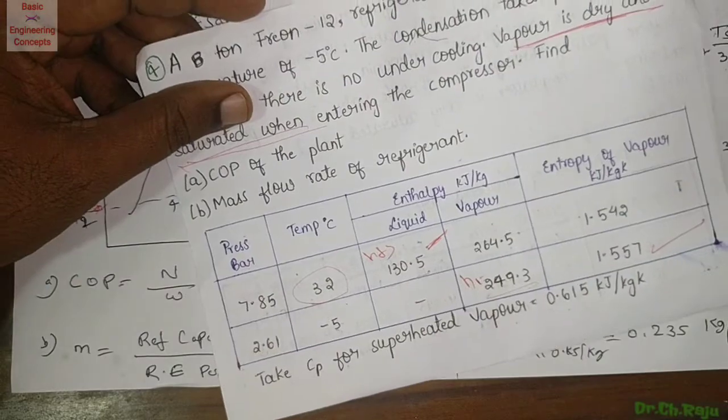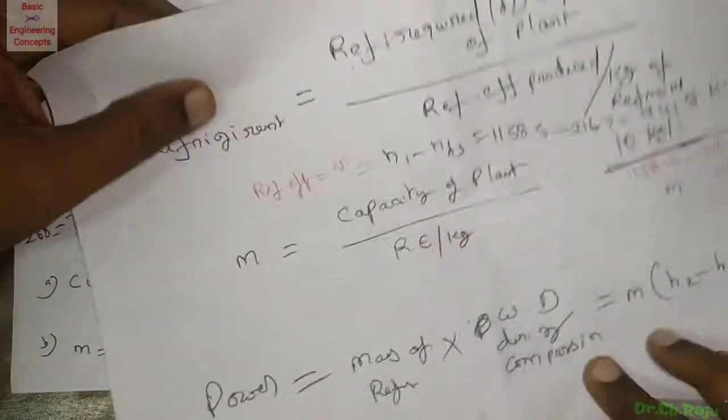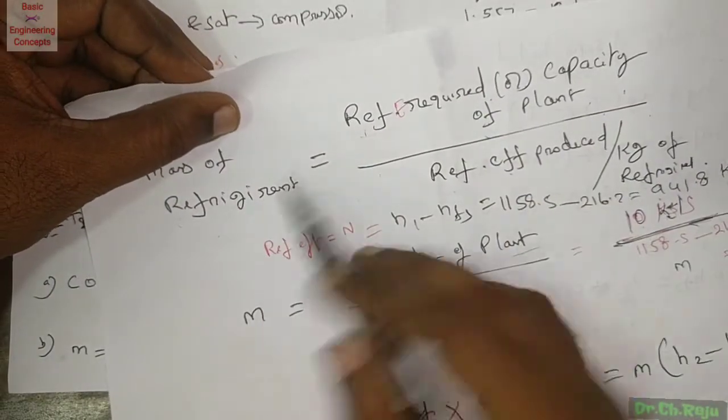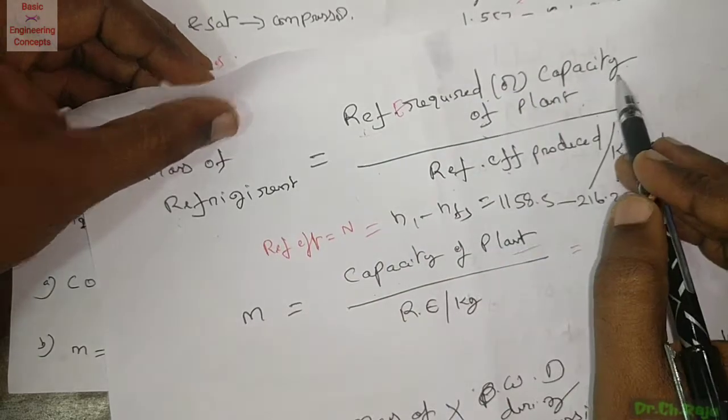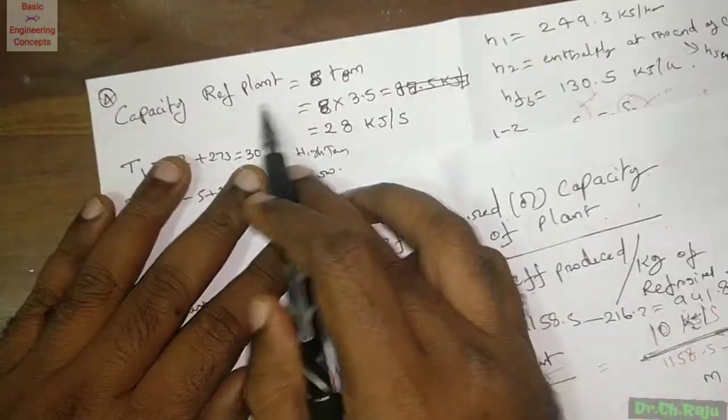Next, the mass flow rate of the refrigerant is calculated. Here the refrigerating capacity is already given as 8 ton.